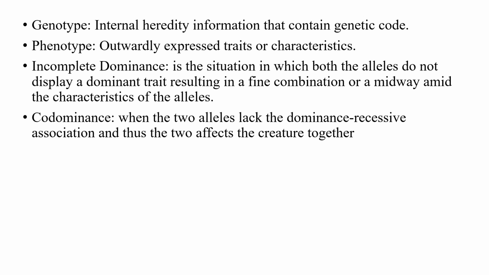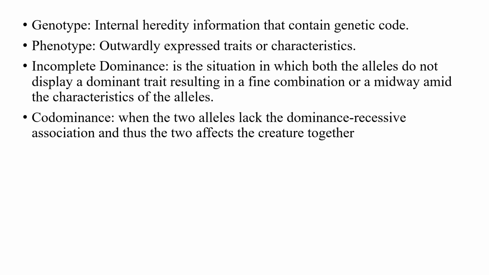Now we also have what we call incomplete dominance. That's the situation in which both alleles do not display a dominant trait, resulting in a combination or a midway amid the characteristics of the alleles. That is, both alleles that you have, with capital letter B, small letter b that I've told you, each of them is an allele.